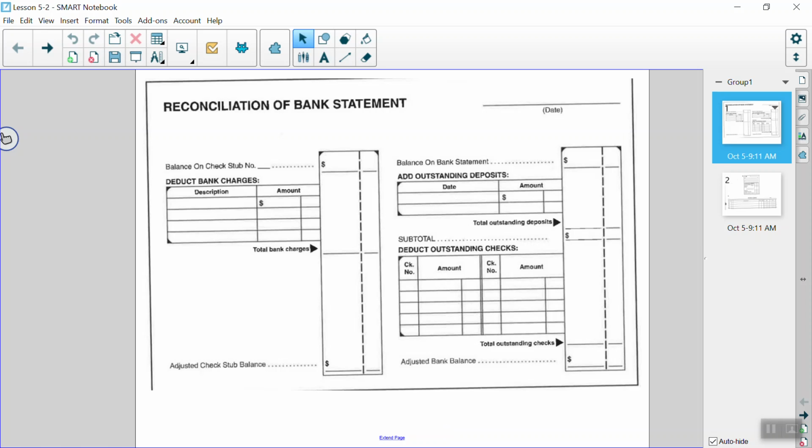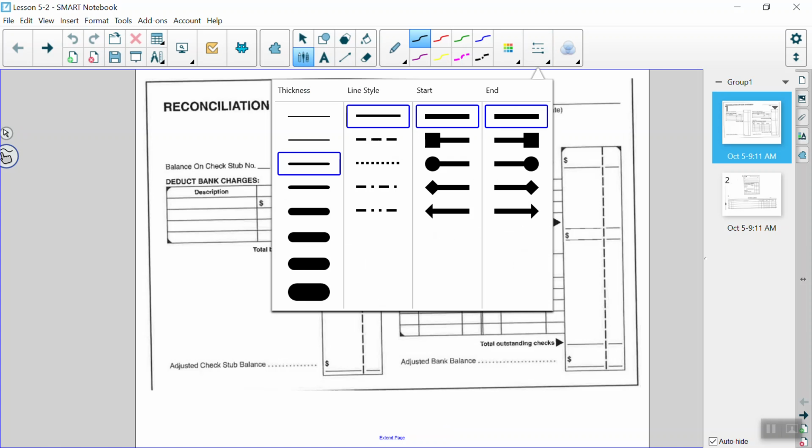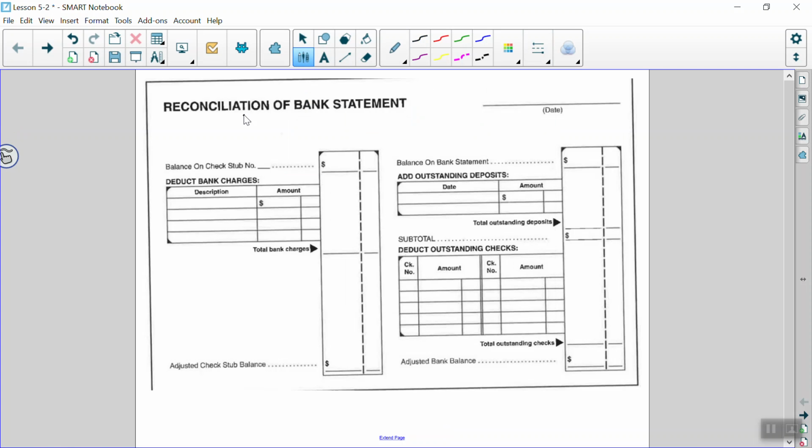So the first thing we have to do, if we look on page 134 in the textbook and 97 in the workbook, it'll tell us we're going to prepare a bank reconciliation statement, and we're going to use August 29th of this year.